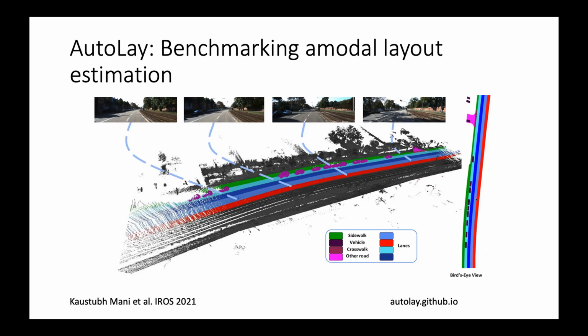So we have lane information and sidewalks, crosswalks, and other vehicles on the road. Now, one particular lane of interest is also the ego lane, not just segmenting all lanes, but also for the perception module to keep track of what the ego lane is so that it helps in other driving decisions.